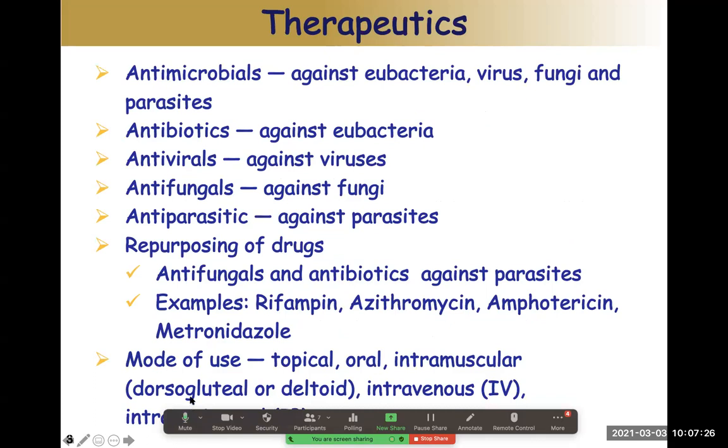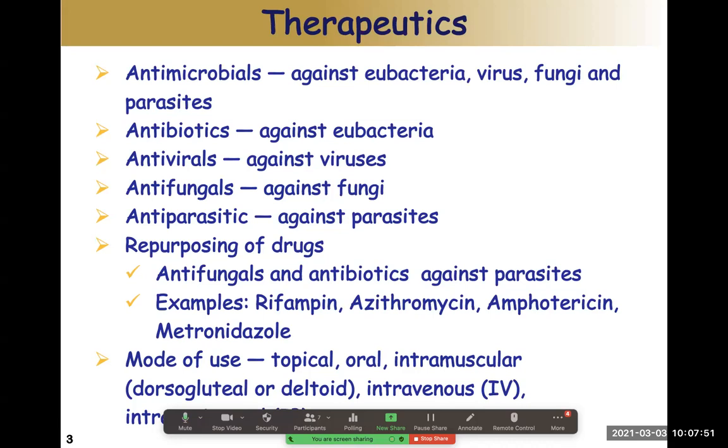So therapeutics, I want to make sure that all of you have a very good understanding of what therapeutics are. When somebody talks about antimicrobials, they're talking about anything against the microbes, that is your eubacteria, virus, fungi, and parasites.